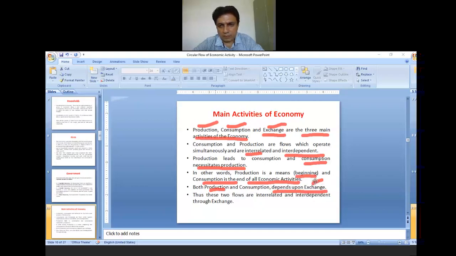So, exchange of money from one component to the other. Thus these two flows are interrelated and interdependent through exchange. Basically the three main activities of economy are production, consumption, and exchange. So moving to the next slide.